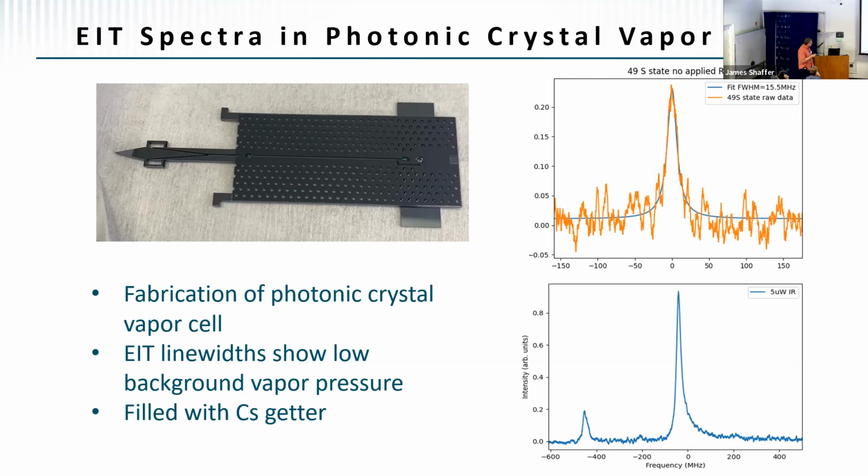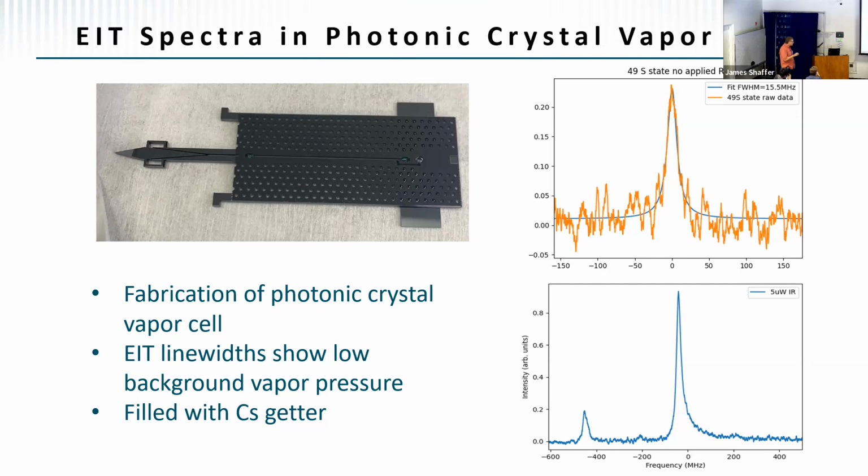Also, I've said a lot of times about getting narrow line widths in these structures because it's different than magnetometry or clock because the Rydberg atoms are so fragile. So in this device here, this is an EIT line that's, I think, around 15 megahertz, and this one is a D state.